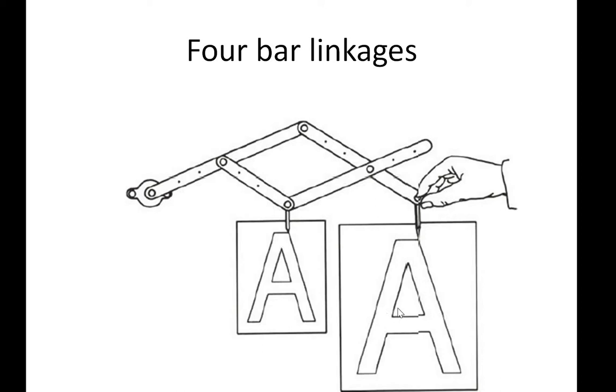The ratio will be different. This 4-bar linkage, which you have studied already, is called the pantograph. And this is the most common type of 4-bar linkage which can be used in automation industries also.